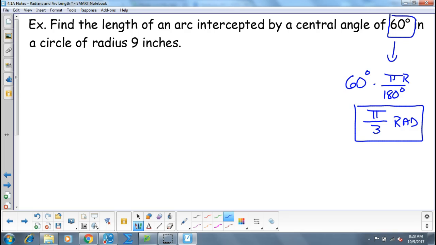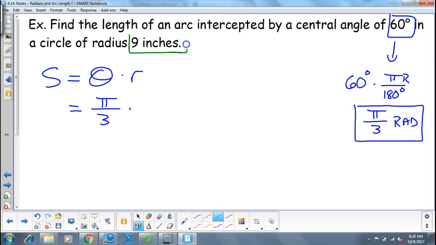Okay? So we're again using our S equals theta times R, or R times theta, but now our theta is pi over 3, and our radius is 9 inches.